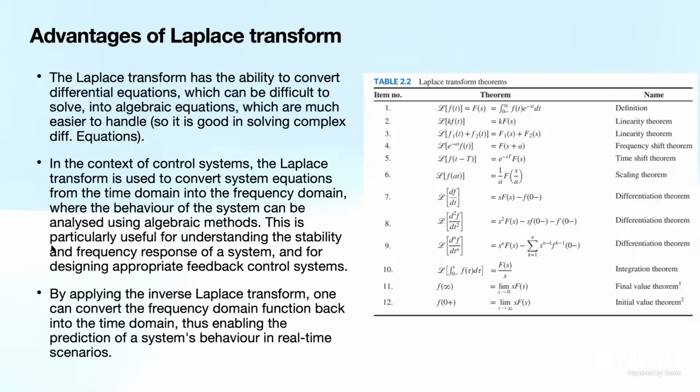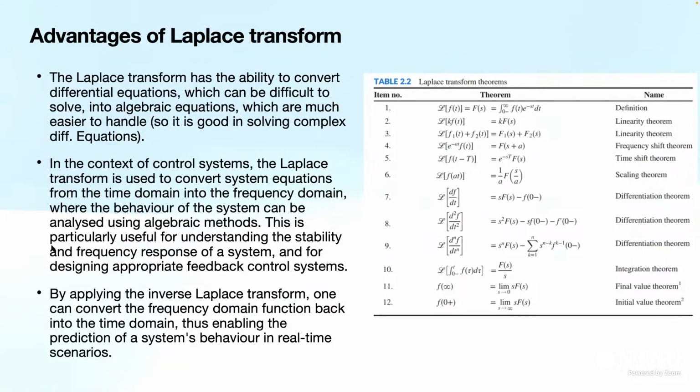In the context of control systems, the Laplace transform is used to convert system equations from the time domain into the frequency domain, where the behavior of your system can be analyzed using algebraic methods. This is particularly useful for understanding the stability and frequency response of a system and for designing an appropriate feedback control system.